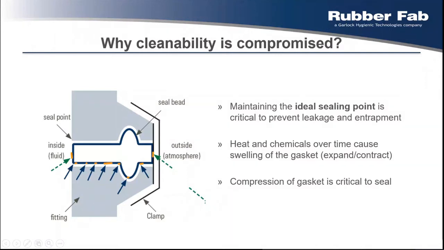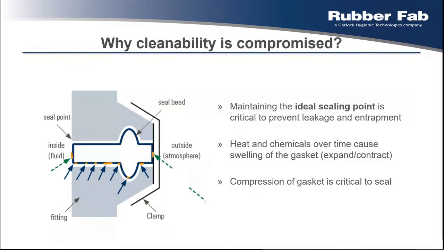So it basically can cause the connection to be compromised and that we have leakage or entrapment risk, meaning media finding its way between the gasket and the flange, where it remains, where it cannot be detected, where it is extremely hard to be removed by common cleaning cycles.